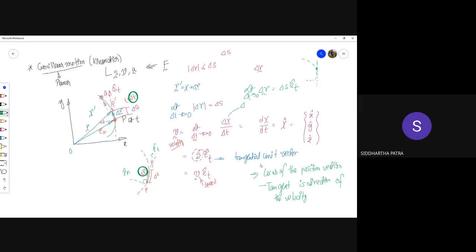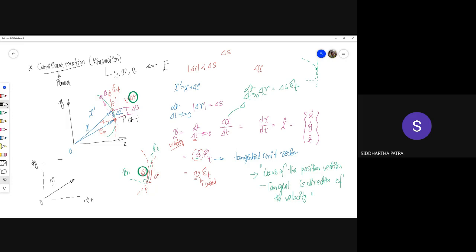Now using the same logic, what I can construct now is a space called Vx Vy, and this time each of the vectors about the origin is a velocity.